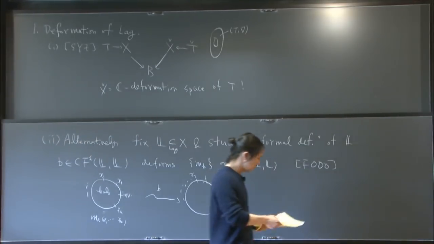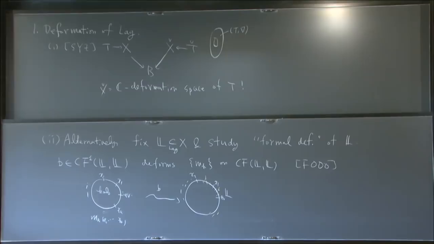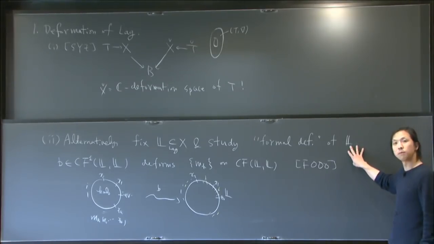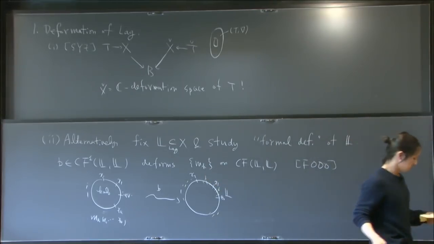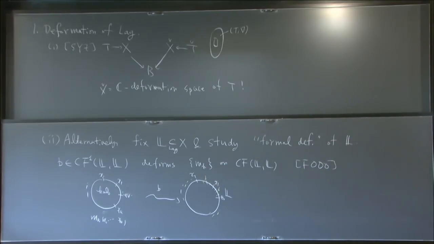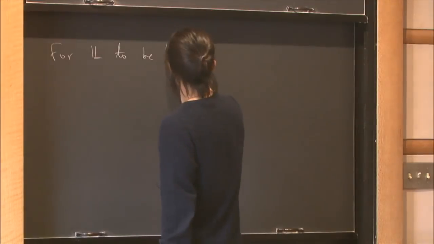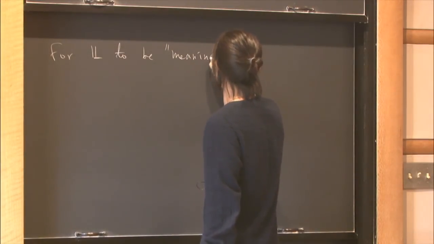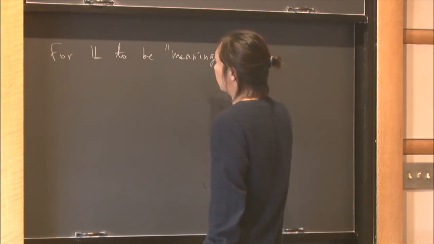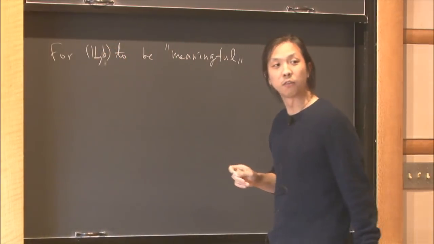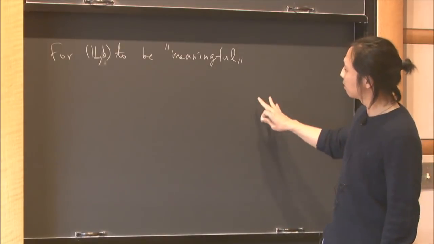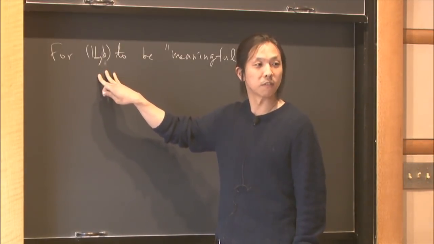But of course, we're not looking at arbitrary b, because we want this object to be still meaningful in the Fukaya category after deforming by b. So for L comma b to be meaningful, where L comma b is a deformed object in the Fukaya category, at least you should be able to define Floer cohomology of it.